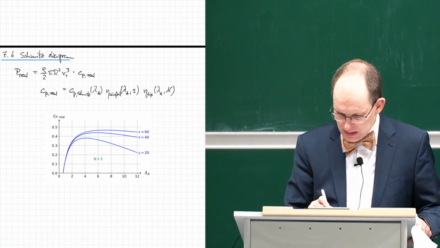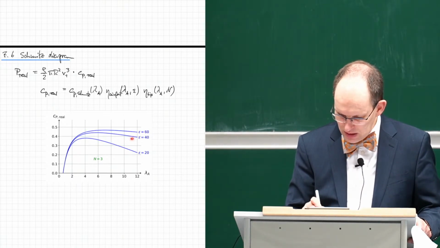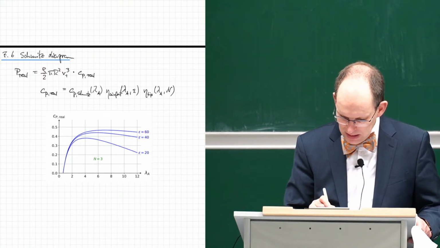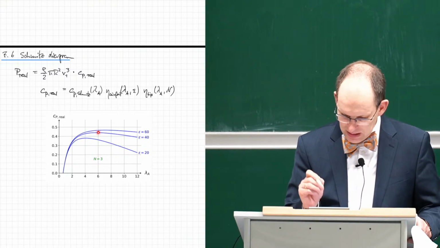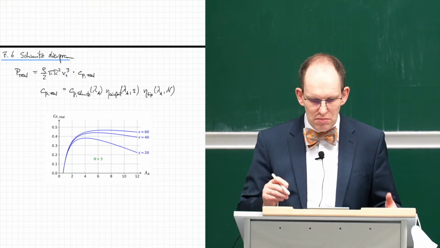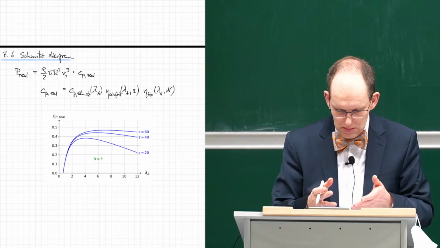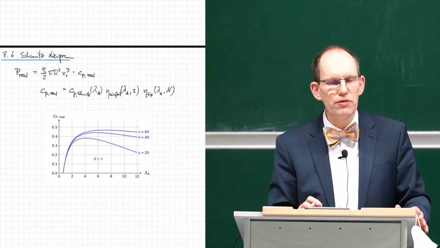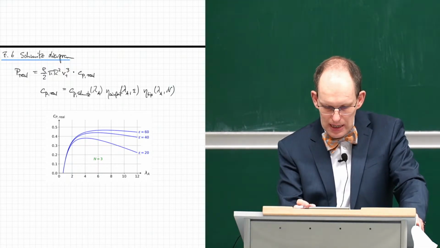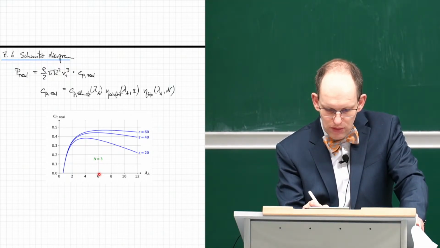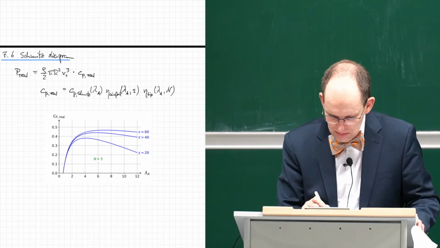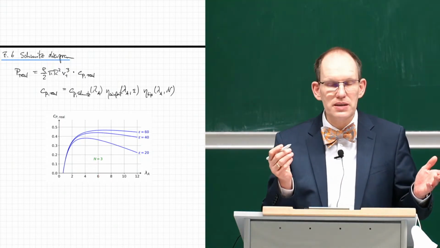What you see is that this is realistic, this is ambitious here, I would say. So what you can expect is a maximum power coefficient of 0.45 or so. And you reach it for a tip speed ratio of 6 or, perhaps here in between, perhaps 7.